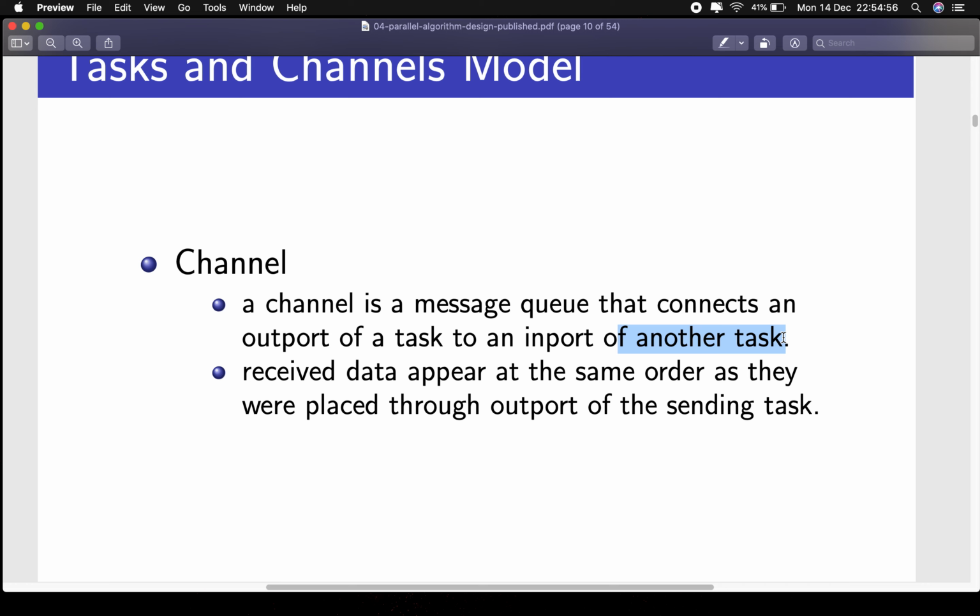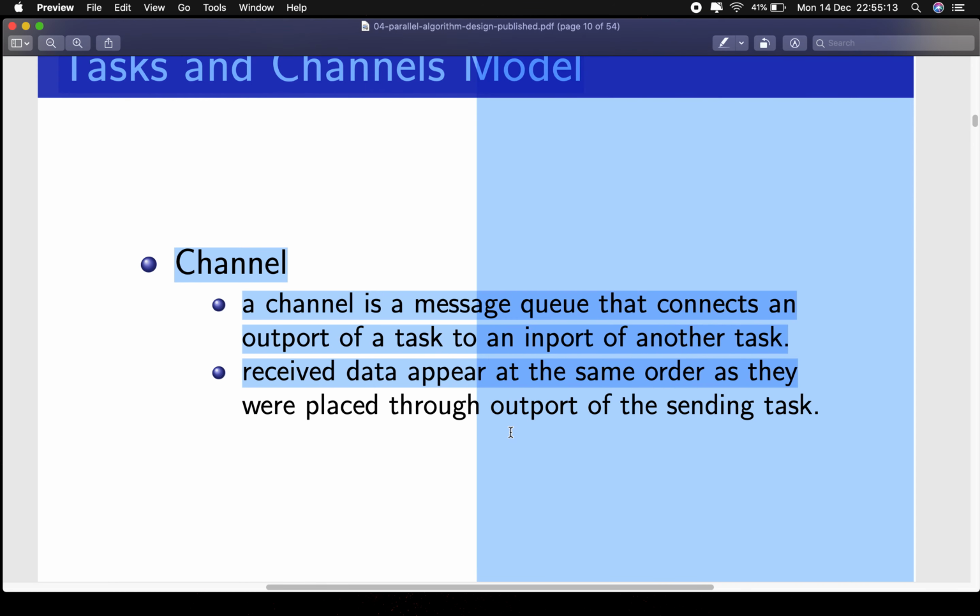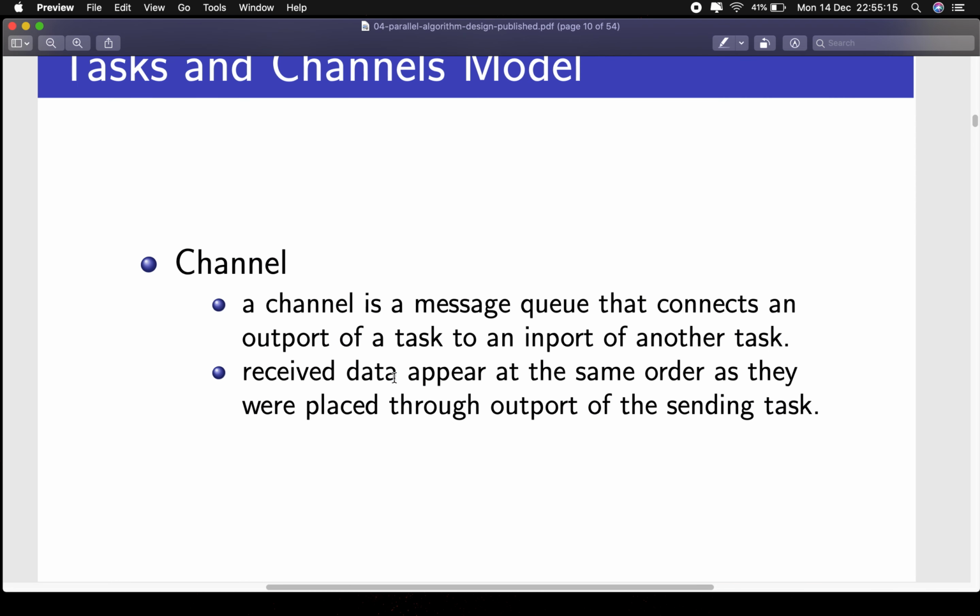You cannot simply open everything straight away all together. It is just a message queue on the channel, and received data appear in the same order as they were placed through output at the sending task.